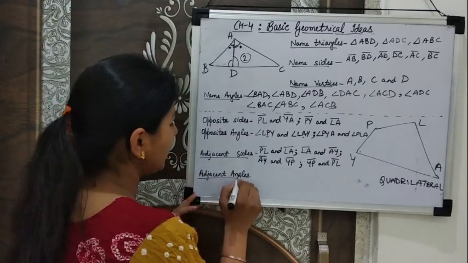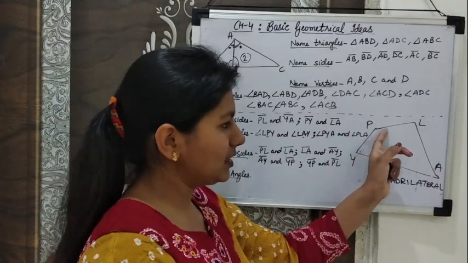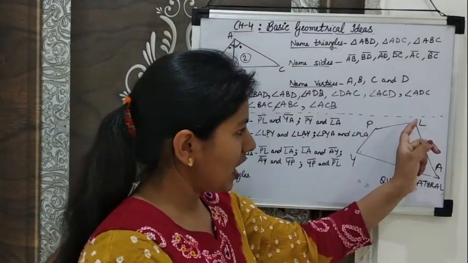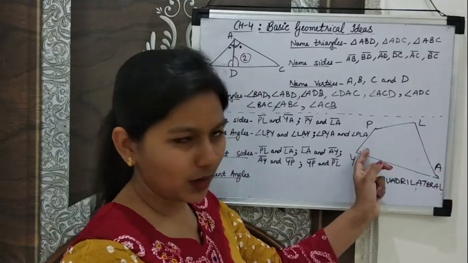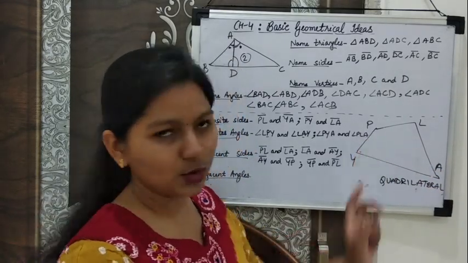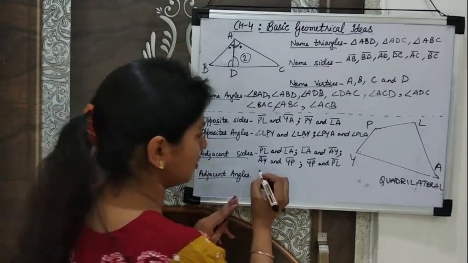Okay. Now similarly, adjacent angles we have to see. This angle P is adjacent to angle L, L is adjacent to A, A is adjacent to Y, and Y is adjacent to P. So again we have 4 pairs of adjacent angles. Okay.